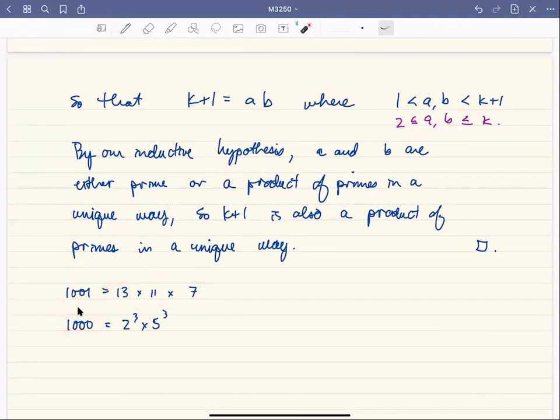So there's no mechanism for weak induction to work. There's nothing that the factorization of k tells you that'll be helpful with determining the prime factorization of k plus 1. That's why we needed strong induction: we needed to assume things about all the values less than or equal to 1000, not just 1000. So that's a little insight into why we need strong induction rather than weak induction.